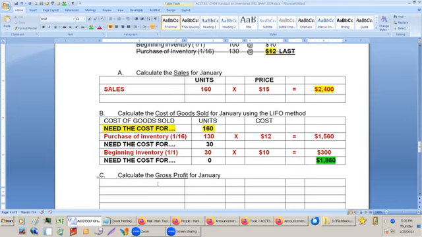So coming out here, our sales, same 2,400. Our cost of goods sold, 1860.